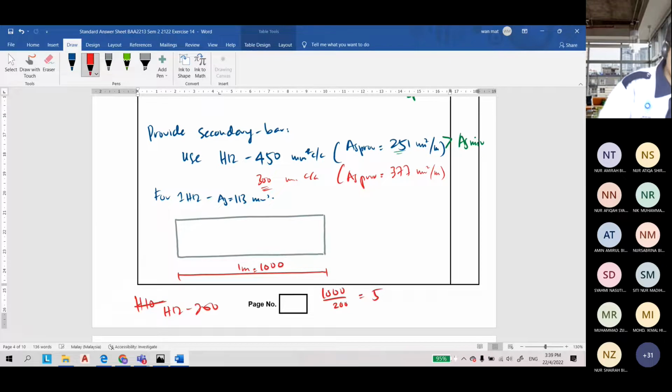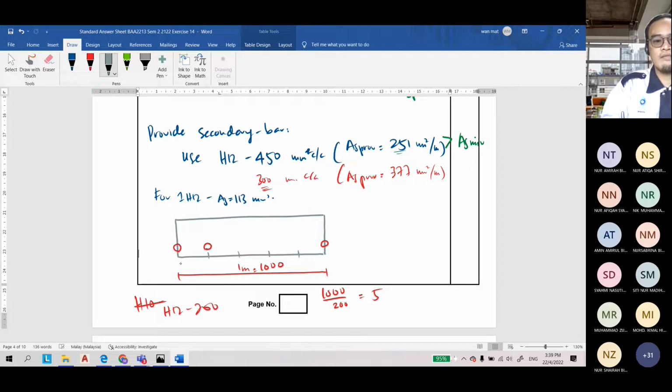So this is a half of the bar here, and this is another half of the bar. For every 1 meter, how many bars will I have? Every bar is at a distance of about 200 millimeter: 200, 200, 200, 200.